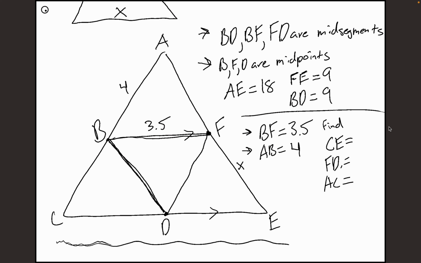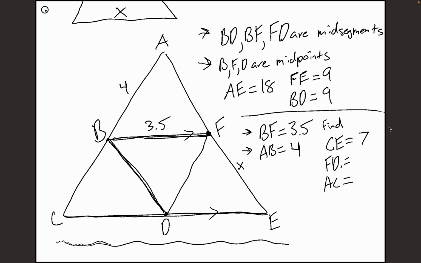But that's the mid segment of the third side. So if this is 3.5, what do we say about the mid segment? It's half of the third side. So if this is half, we just multiply it by 2. So what's CE? Or add it to itself. That's multiplying by 2.